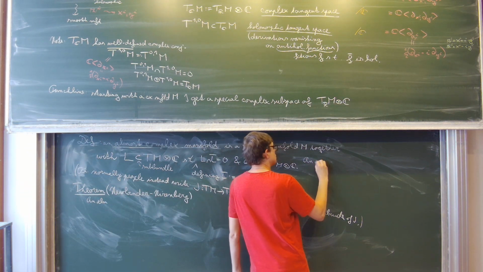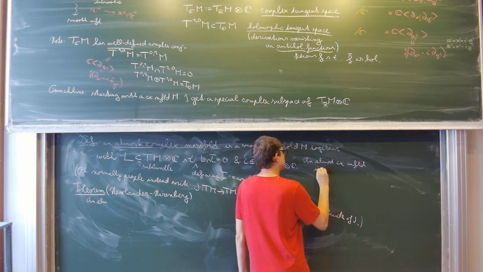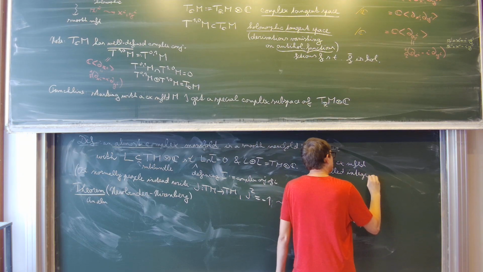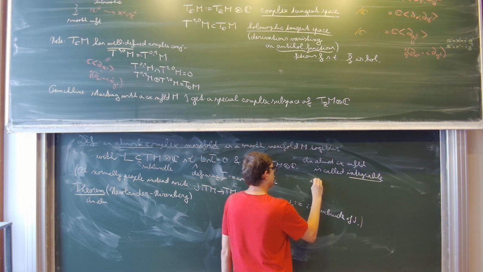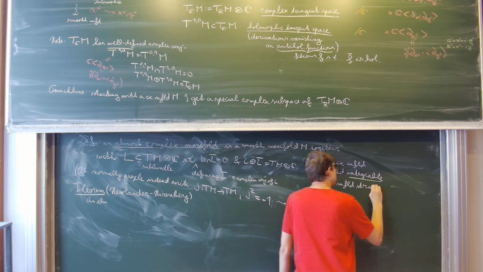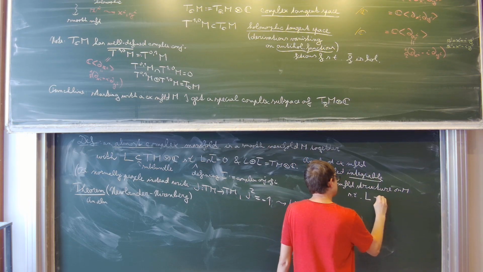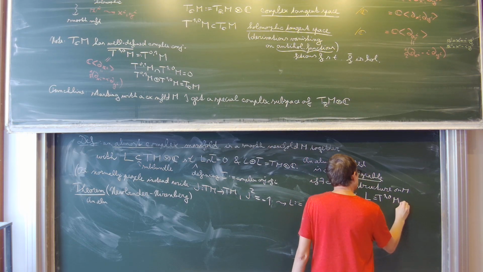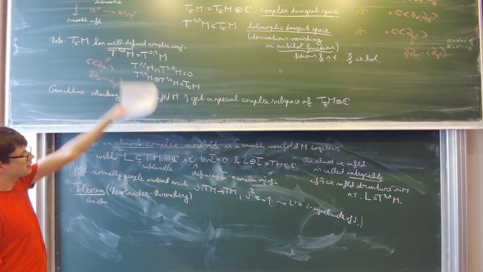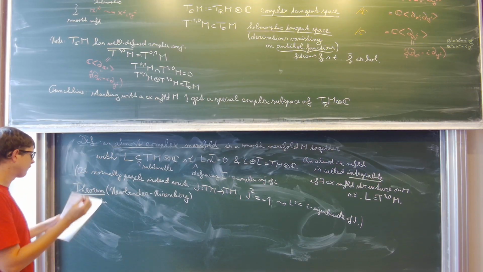An almost complex manifold is called integrable if there exists a complex manifold structure on M such that L is T10 of M. So if it actually comes from a complex manifold, if this L comes as a T10, then you call it integrable. That corresponds to some proper complex structure which satisfies some integrability criteria.